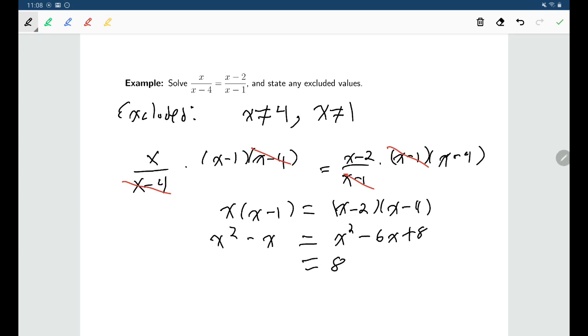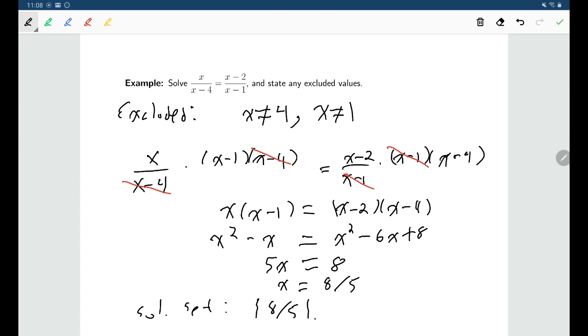We'll leave that on the right side. And if I move all of the x terms to the left side, the x squared and the x squared will cancel each other out. And for x's, I'll be just left with 5x. And so that means that x should be 8/5. So for my solution set, just a single value, and it's the value 8/5.